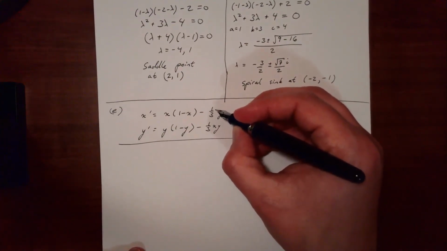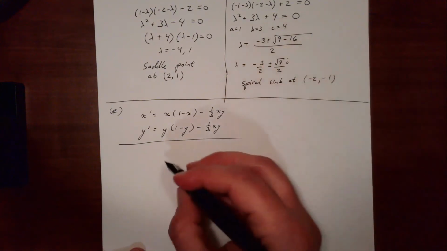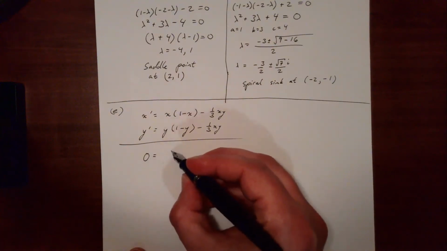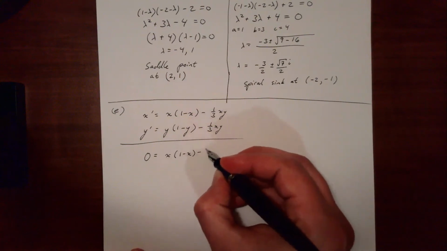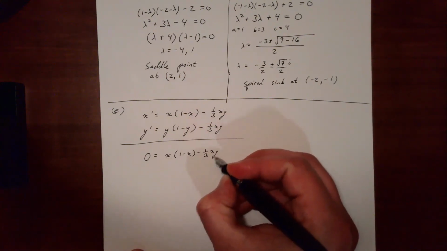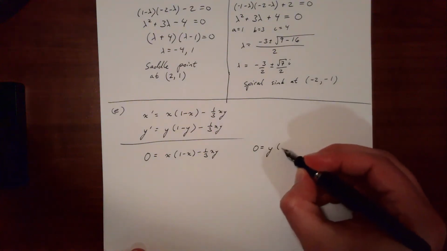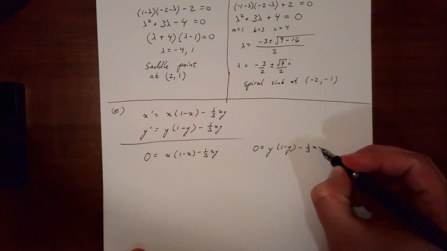So these species, although in competition, are weakly in competition. But let's just let the math speak for itself. So 0 equals x times 1 minus x minus 1/3 xy, and 0 equals y times 1 minus y minus 1/3 xy.